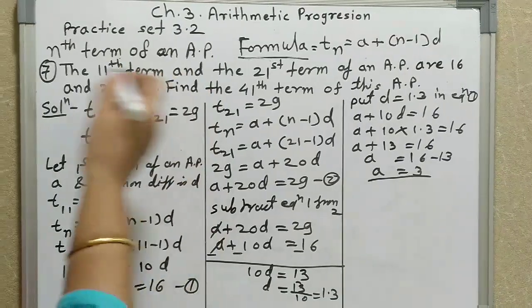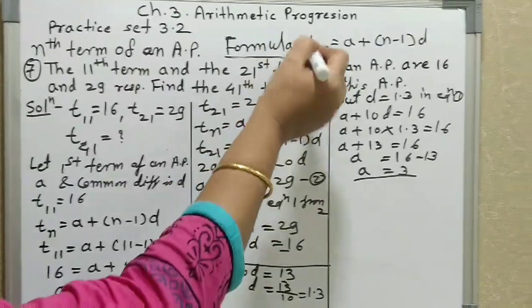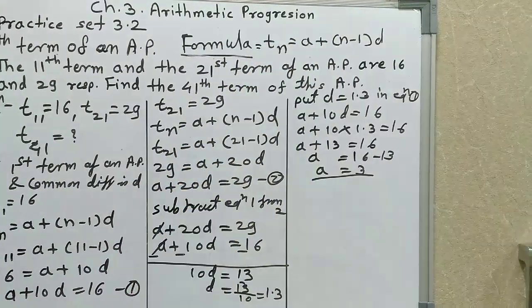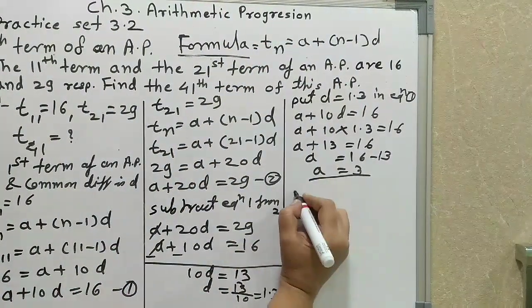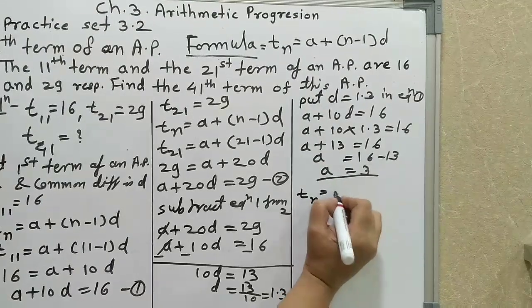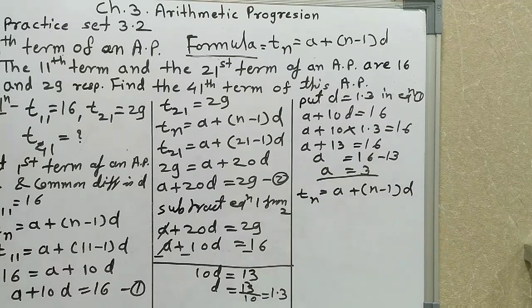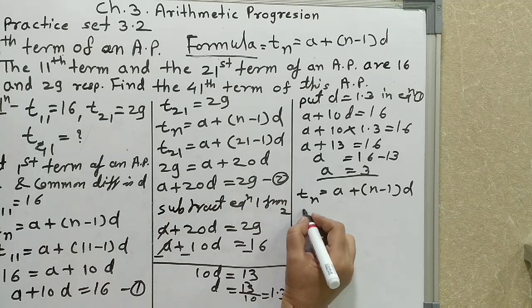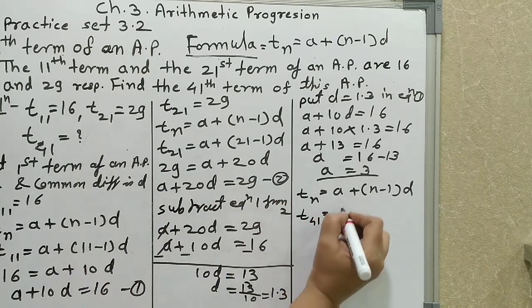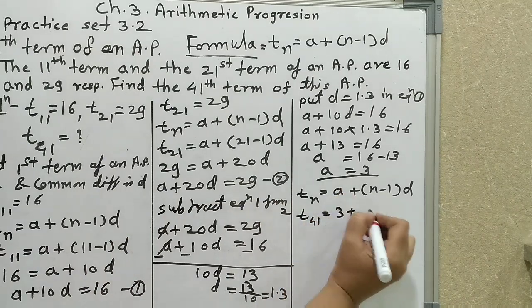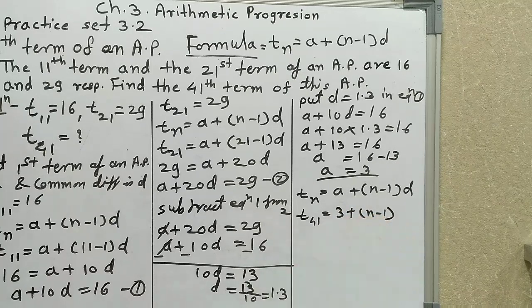Now put these values in our nth term formula. Tn is equal to A plus (n minus 1) D. So we write here the formula Tn is equal to A plus (n minus 1) D. We now find the T41 term. So we write here T41. The value of A is 3, plus (n minus 1), and the value of D becomes 1.3.